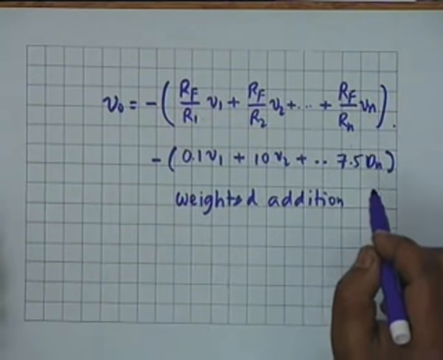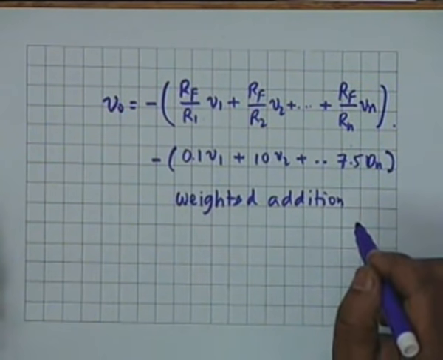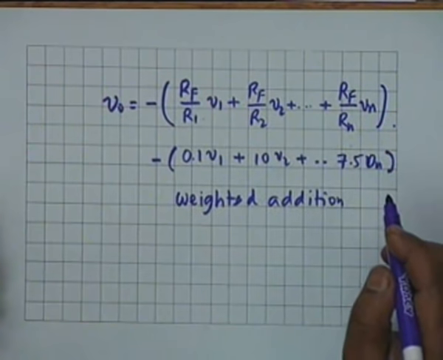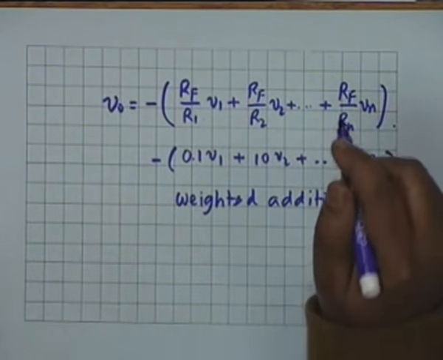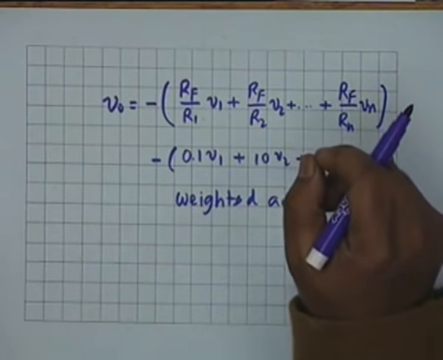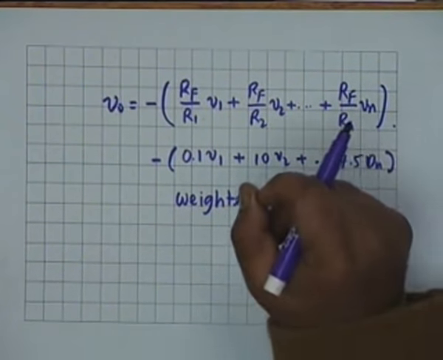Alright. What is the input impedance faced by V1, for example? R1. Similarly, each voltage source faces the resistance that is connected between it and the inverting terminal.